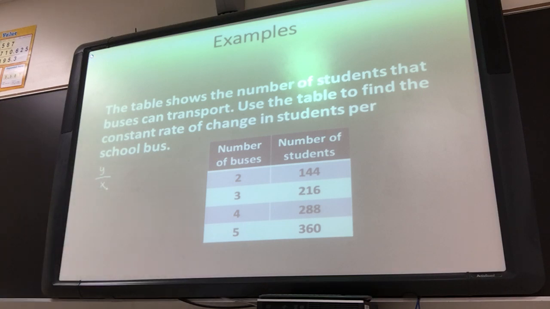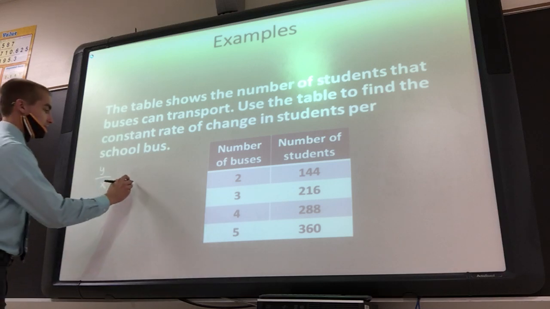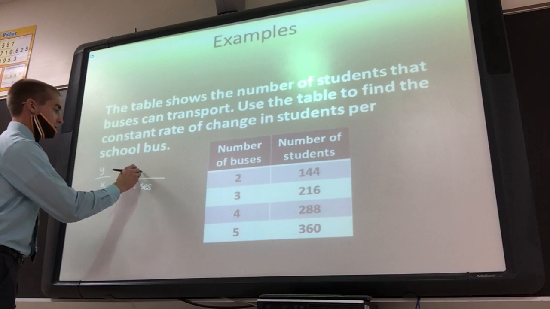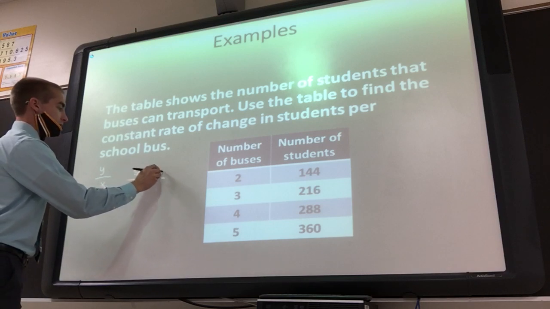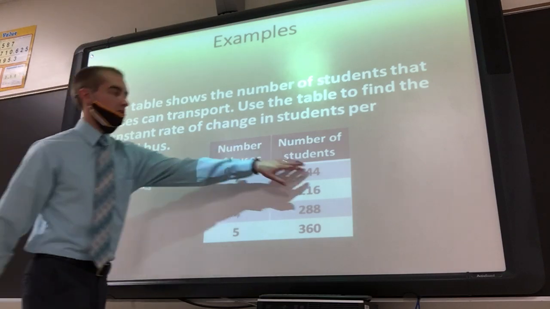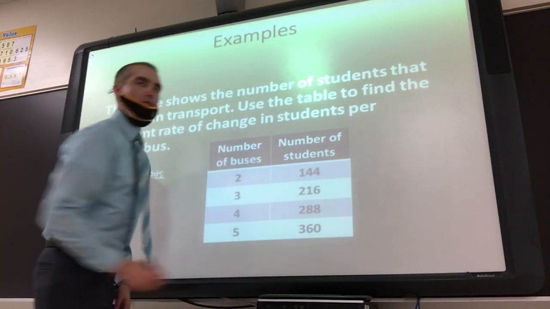Okay, so in this example, which one is going to be x? Which one is the independent variable? Taylor? Buses is independent, good, yep. And number of students is going to be y. So it's going to be students over buses. So how much is students changing from one to the next?